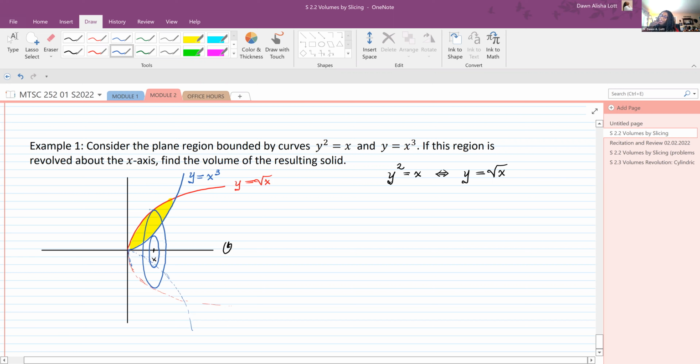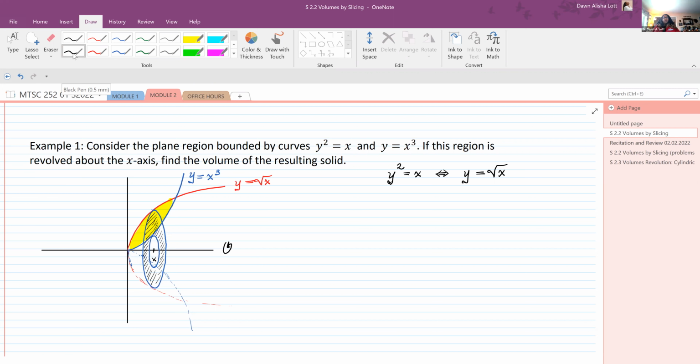And you should be saying, I see the washer. I see the washer. Okay, so once you see the washer, you automatically know now this is volume by washers.